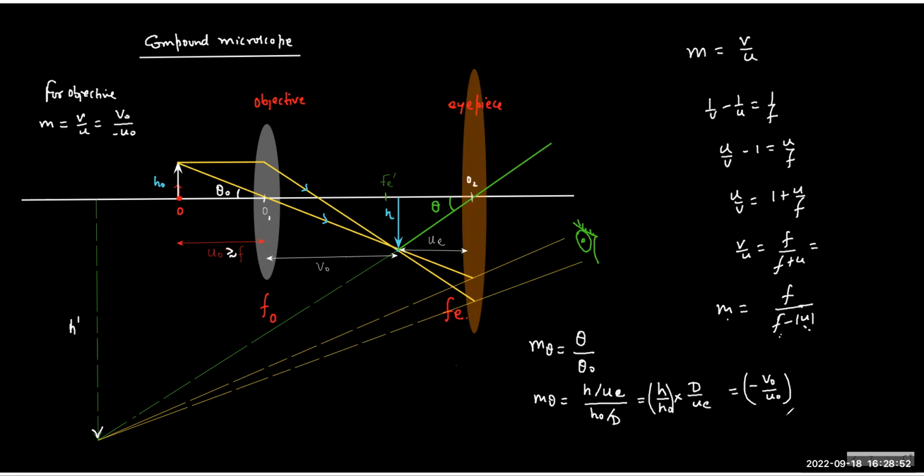That is why I wrote it like this, into D by u. Of course, that is the value. So we are taking D by u as the value, and the overall answer should be negative because the final image is inverted with respect to the first image. And also you can think this way, that first is real, so negative answer. Second is virtual, so positive answer.